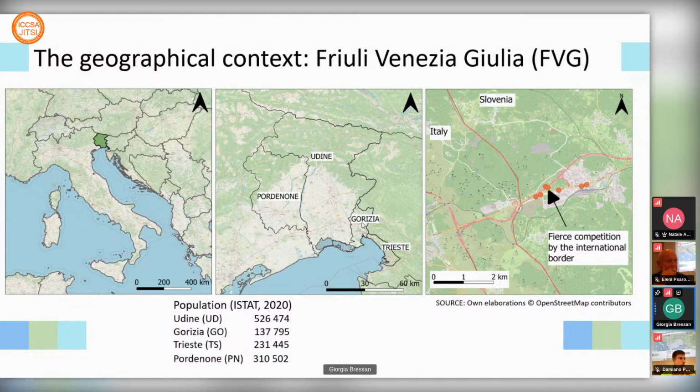As you can see in the third figure, this is an example of fuel competition with Slovenia.